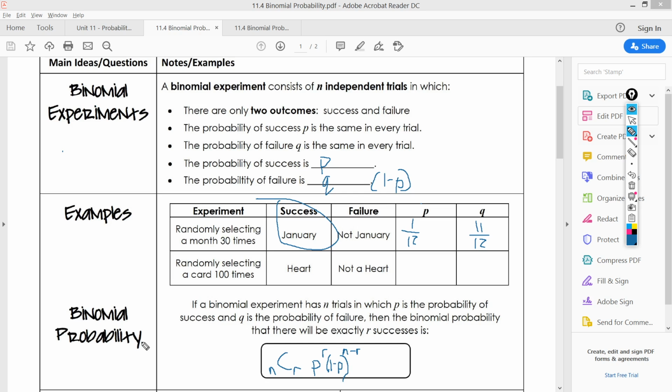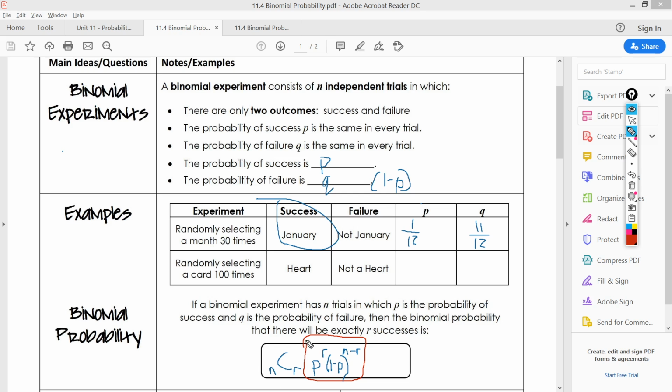Okay, and this is actually very intuitive. I know this looks like a disaster to you, but it's actually very intuitive. Go back to our idea of independent events. If my events are independent and I want to know what the total probability of them happening is, I multiply everything together. So this part of the formula is just me multiplying all the events together.